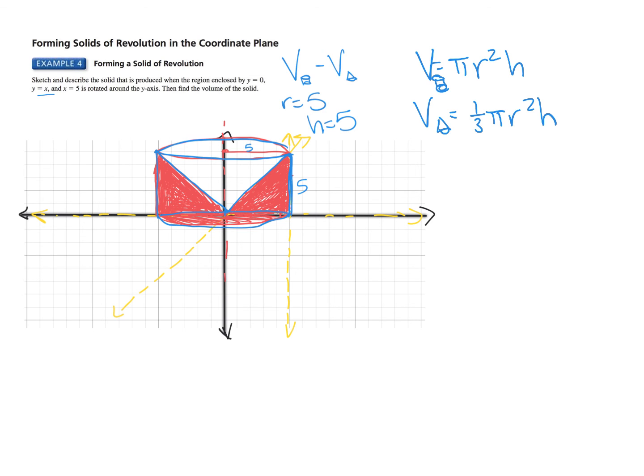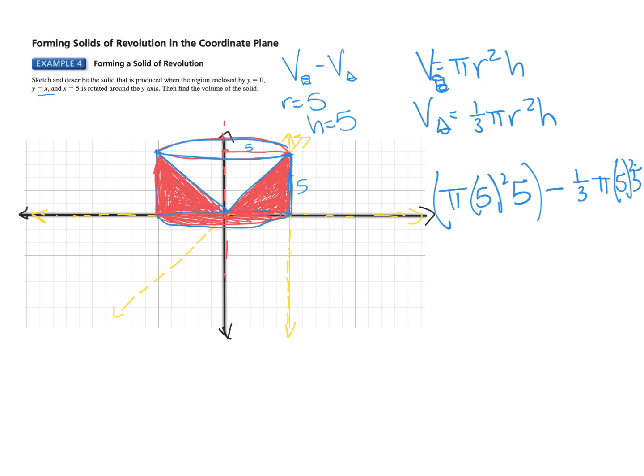Okay, so pi times 5 squared times 5, that's the volume of the cylinder. And now we need to subtract that cone that's been pulled out of it. 1/3 pi, then r squared h.